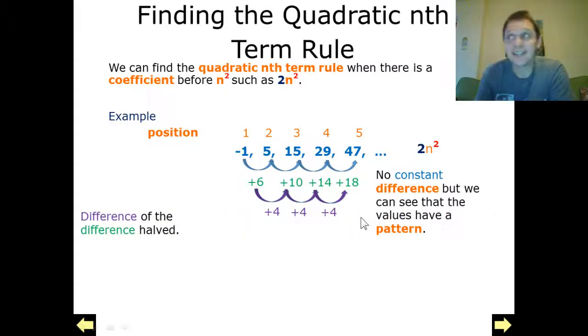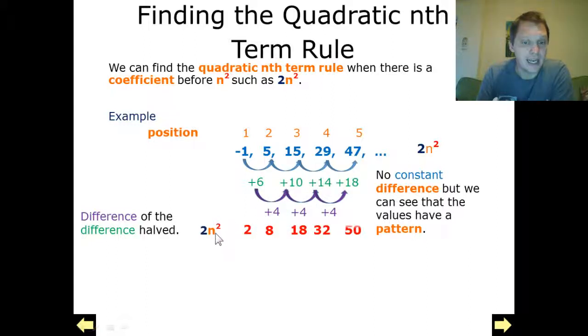So again, exactly the same as what we did with the previous 2 examples. We're taking our 4 and we are halving this. Half of 4 is 2, and that 2 goes in front of my n squared. Now if I was to do my 2n squared times table, so replacing my n with 1, 1 squared is 1, times 2, that gives me 2.